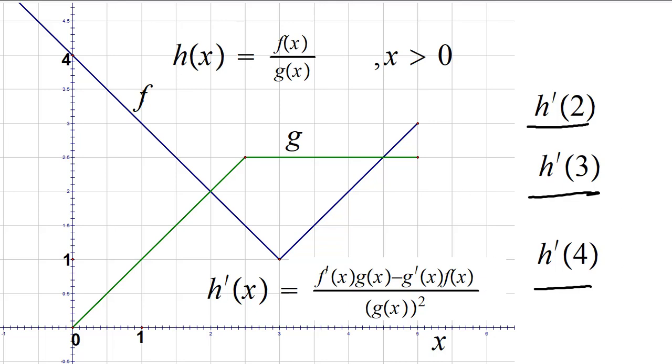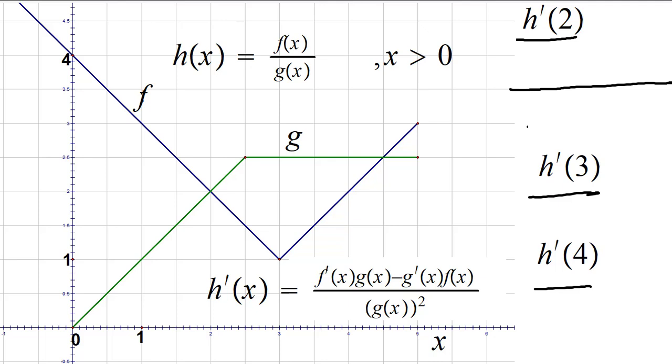Okay, so when we go for h prime at 2 by that rule, first we have to look at the value of g at x equals 2, which is right here. So the value is 2, and we will have 2 squared.